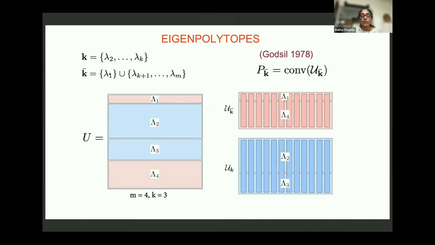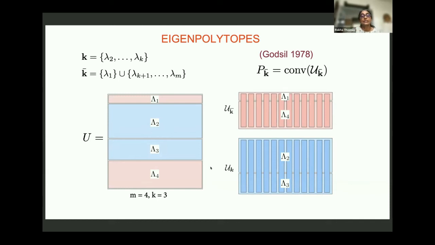So K bar contains lambda 1, which will be averaged by whatever we choose, so we don't care about it. We put it into K bar, and we put all the other eigenvalues corresponding to eigenspaces that we don't want to average. So this is the split. And this split allows you to color the square matrix consisting of eigenvectors, which we call U in that example from before.